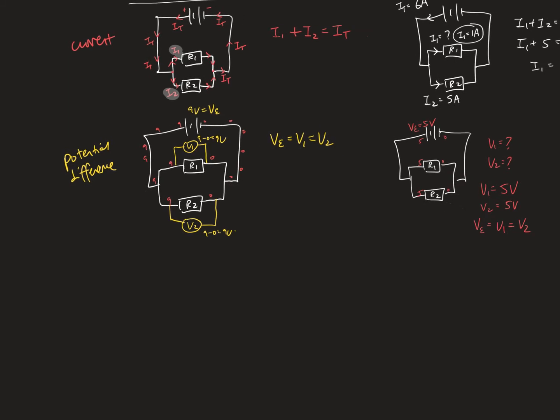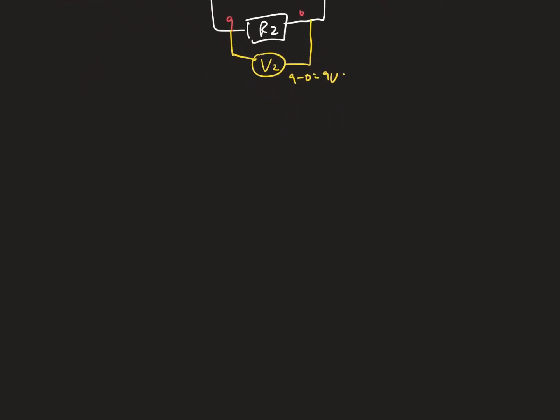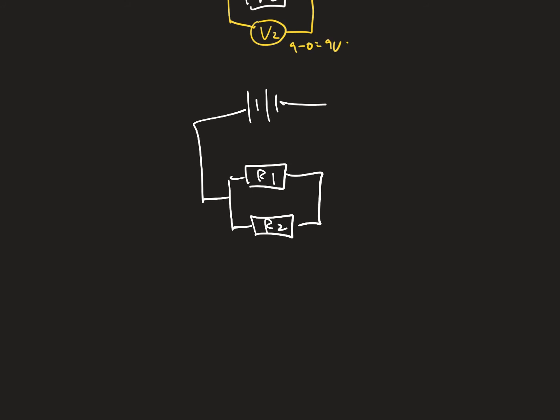All right, so now let's look at the last part, for resistance. Let me just construct that circuit once again. And for this one, I'm going to give you the formula.